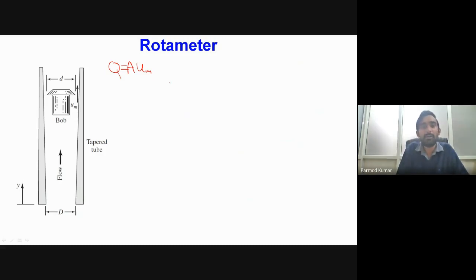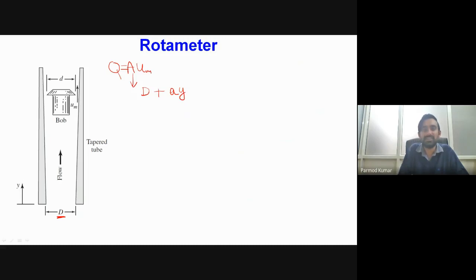Now to determine the area, d is the diameter at the inlet, and if I consider that my diameter along the length is increasing at rate a, I can write that at any arbitrary location y, the diameter of the tube will be d plus ay.